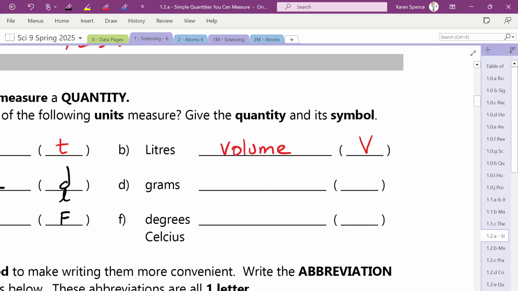What does grams measure? Mass. And mass is represented by the letter capital or lowercase m? Lowercase. Degrees Celsius. Temperature. And that one is indeed a capital T.